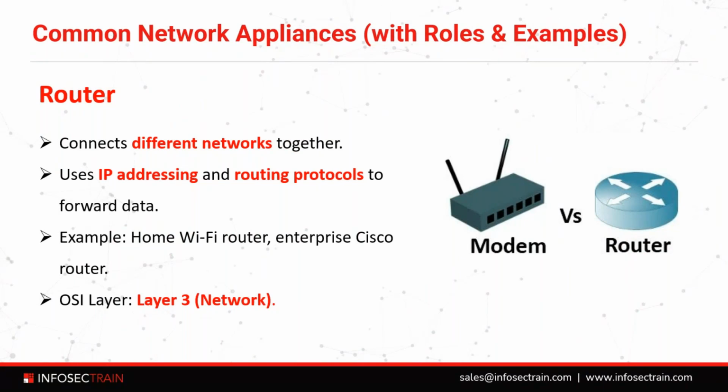It acts like a traffic controller, deciding the best path for data to travel from one network to another, especially between your local network and the internet. Right? It assigns IP addresses to the devices. It does network address translation, converting private IPs to public IPs, right?